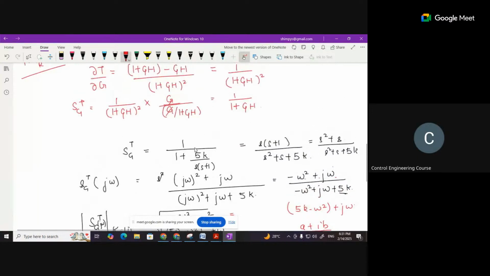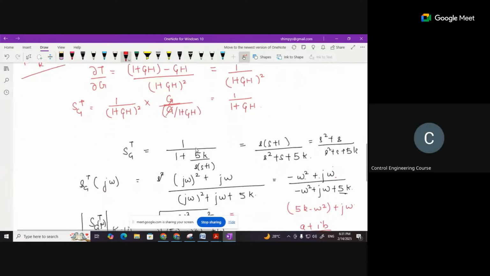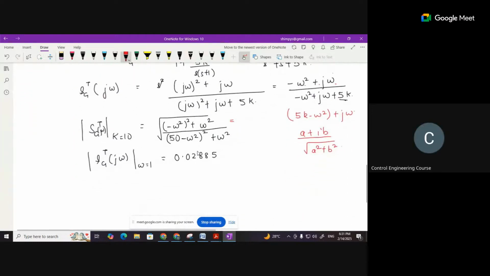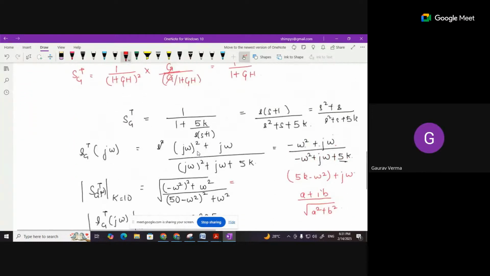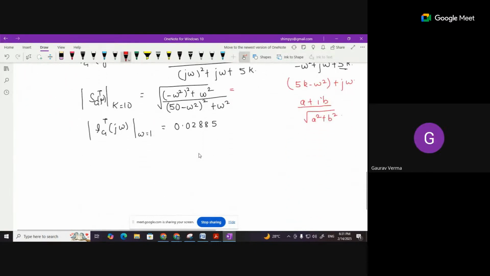Satyam, yes, ma'am. Muthu, is it clear this one? Yes, ma'am. Okay. Now next, this is the numerical value we have for sensitivity, right? What would be the unit for it, or how will we express it?